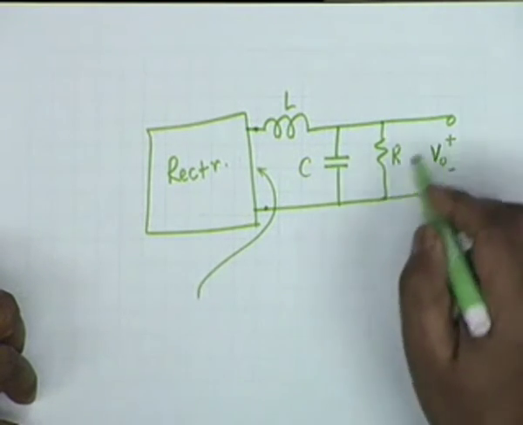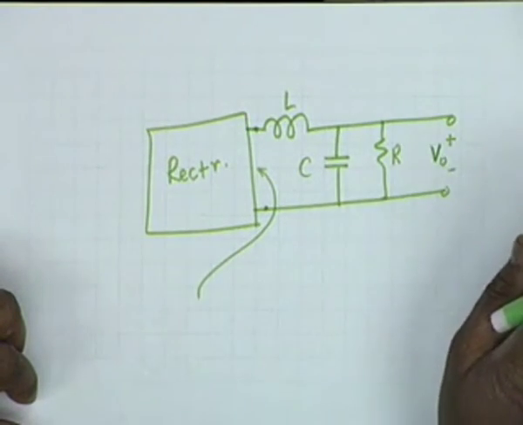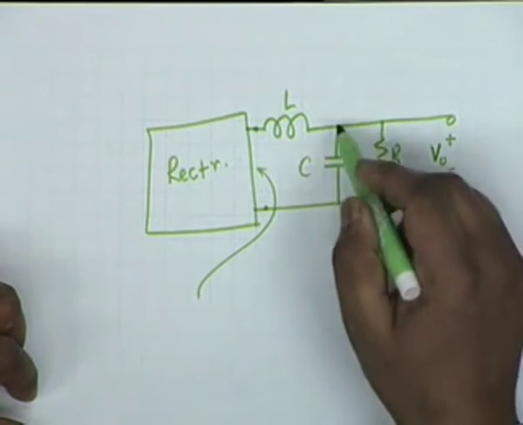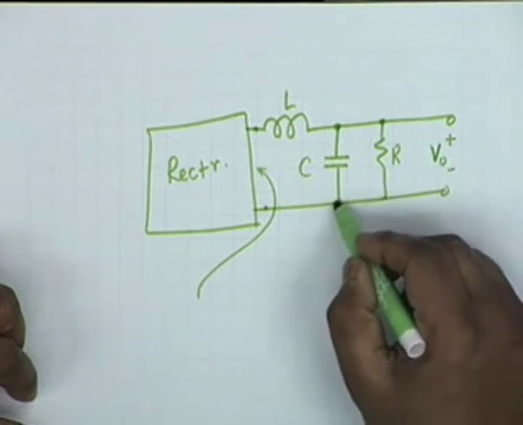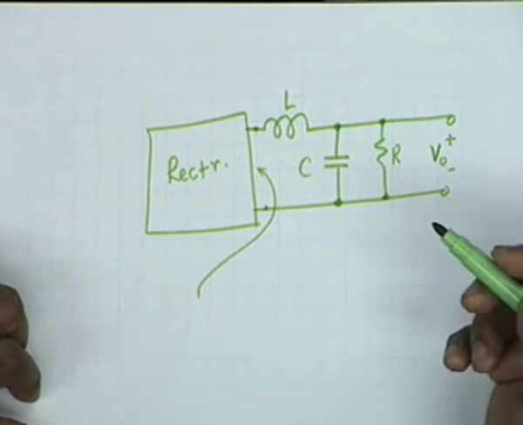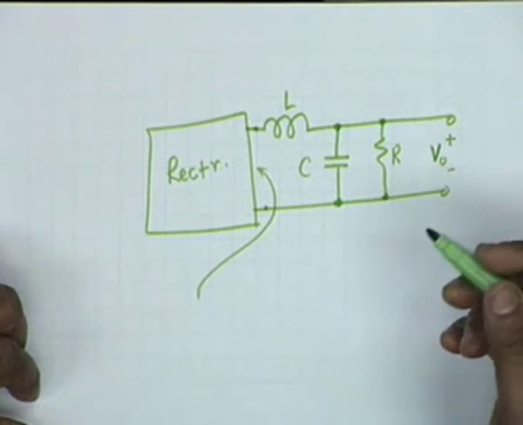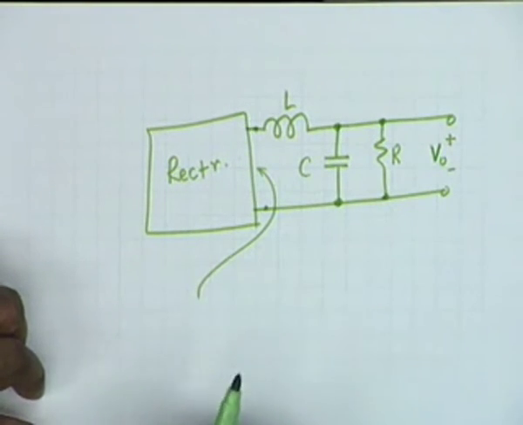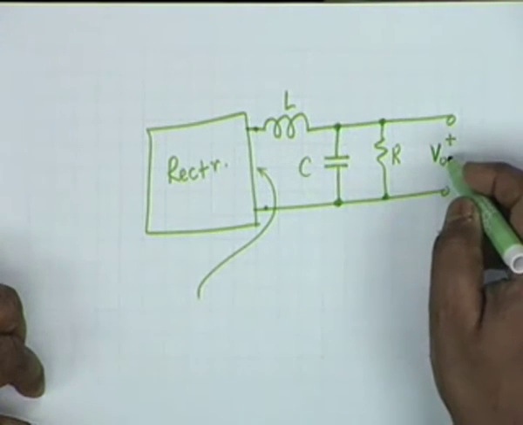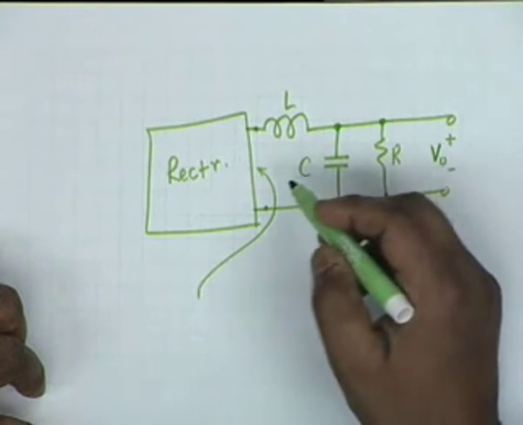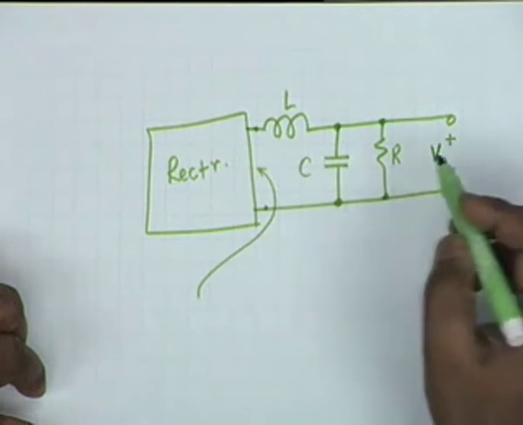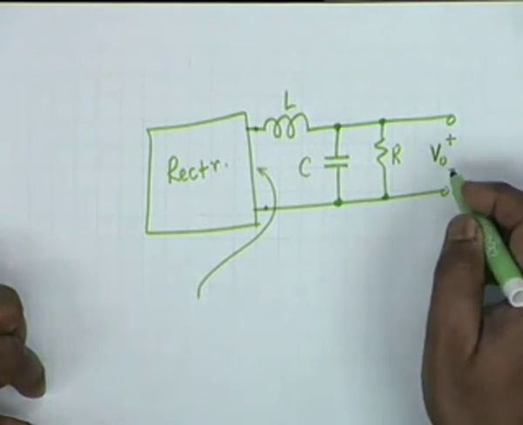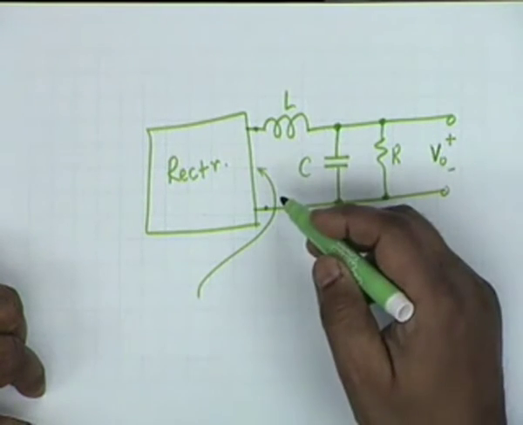What I want is that V0 should be purely DC. Unfortunately, the filter cannot reduce the ripple or the AC component to 0, but it reduces it substantially. And the measure of performance is the ripple factor at the output and the ripple factor at the input. The ripple factor at the output should be much less than the ripple factor at the input.